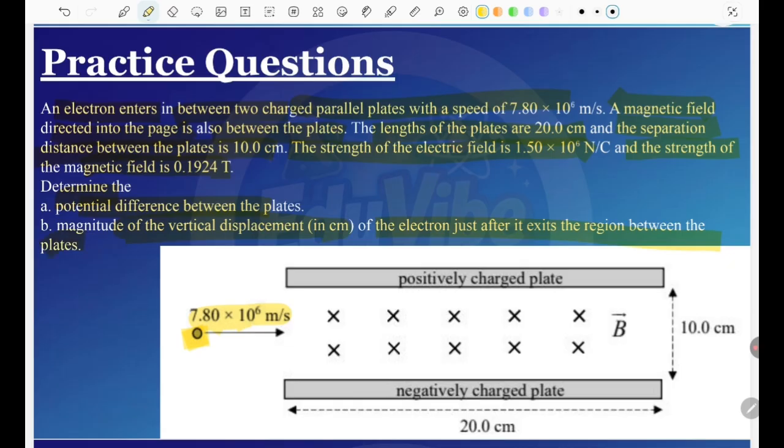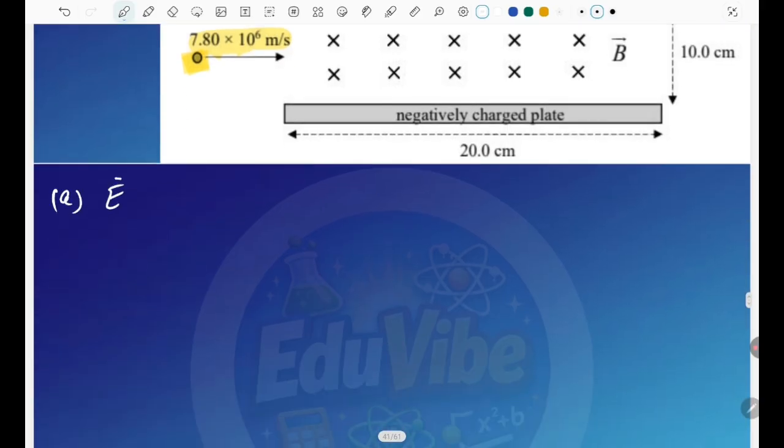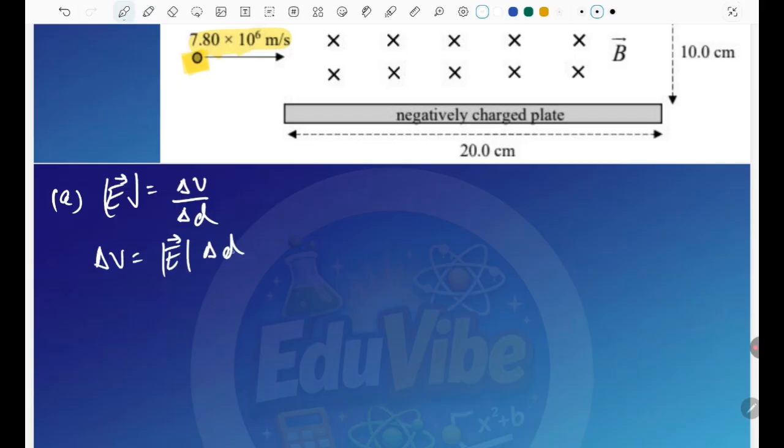So this is a long question. We have two parts in this. The first part is very easy: we have to find the potential difference. We know the electric field is equal to delta V upon delta d, so delta V is equal to electric field times delta d. The electric field is 1.5 times 10 raised to power 6 newtons per coulomb.